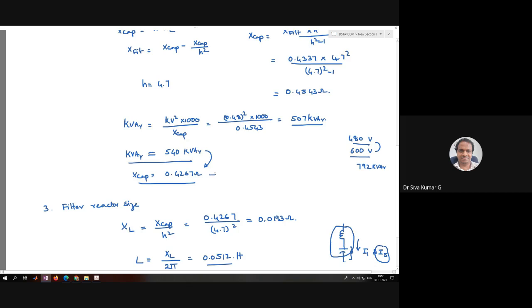the reactance, the capacitor reactance, we need to evaluate the current, the capacitor rated current, which is the kV by the X cap.